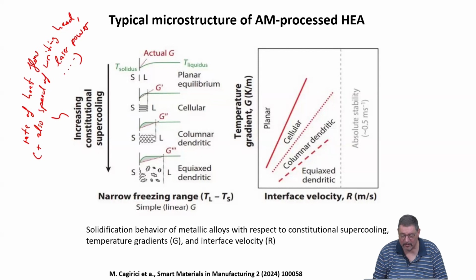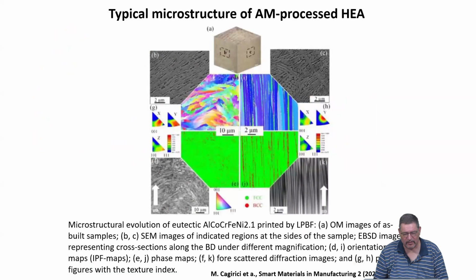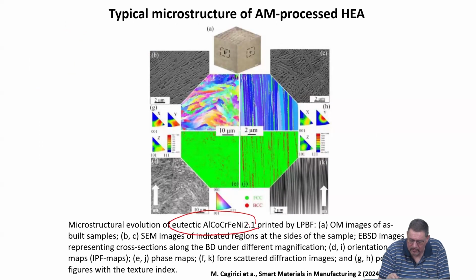And obviously one does not like to have very dendritic microstructures. But yeah, this is what you typically get in microstructure evolution of an AM, additive manufactured processed high entropy system, and that's actually now a two-phase high entropy system. It's a eutectic high entropy system, and you can see that the microstructure variation is quite large, right?